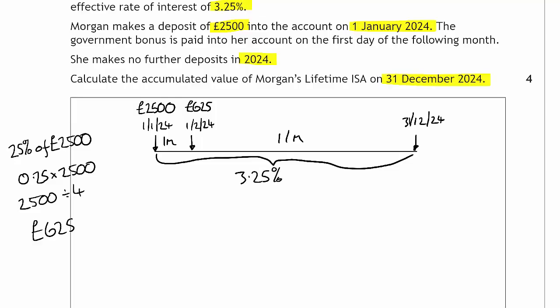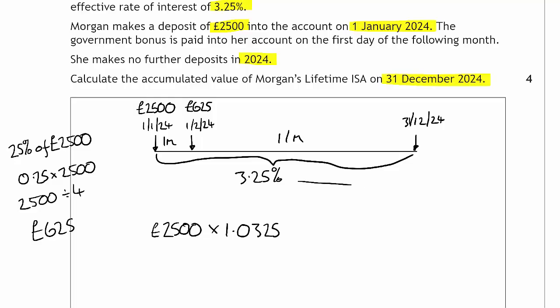Right, so let's have a wee look at the 2,500. Okay, so you've got 2,500, and that is in for the whole year. Okay, so we're going to times that by your multiplier, so that's 0.325.